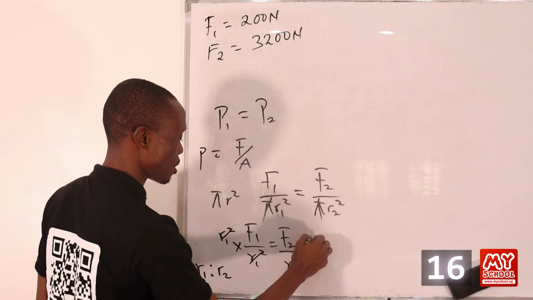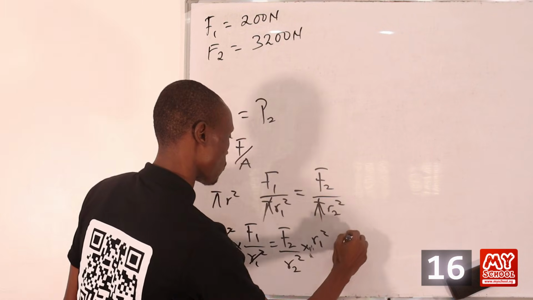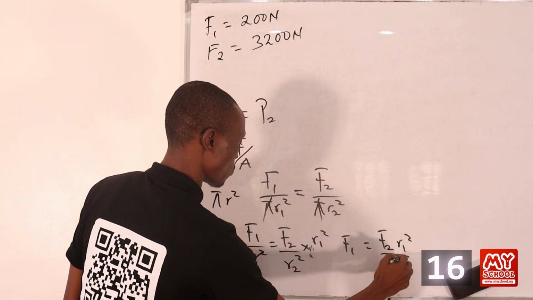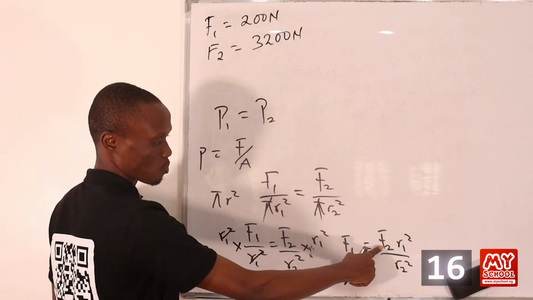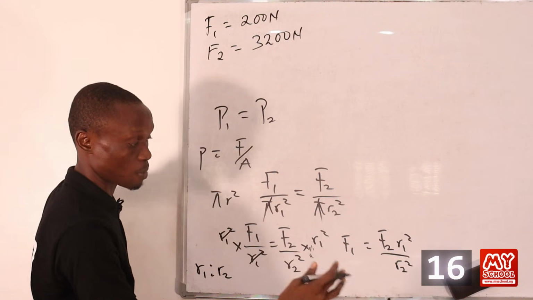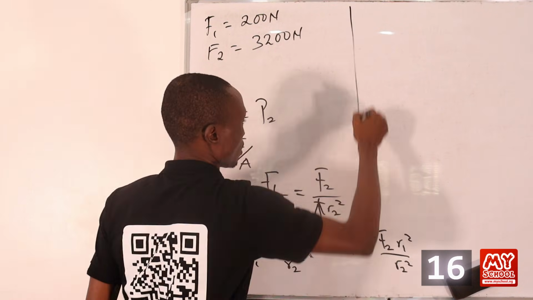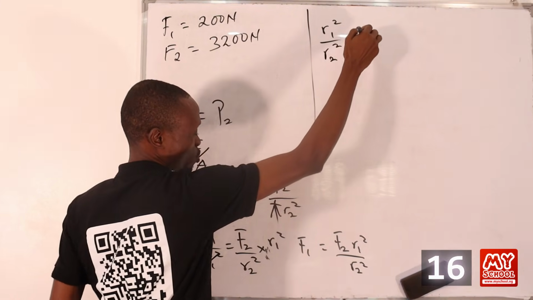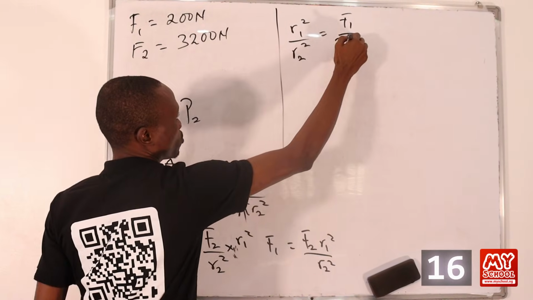So we'll have F1 equals F2 r1 squared over r2 squared. Then we need to remove this F2 from here, so we simply divide both sides by F2. If we divide by F2, we'll have r1 squared over r2 squared equals F1 over F2.